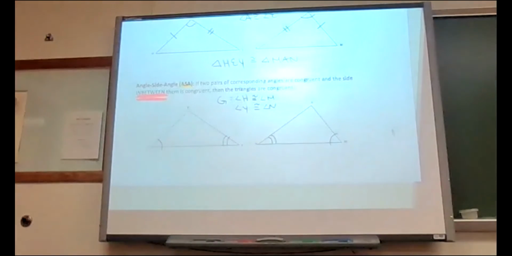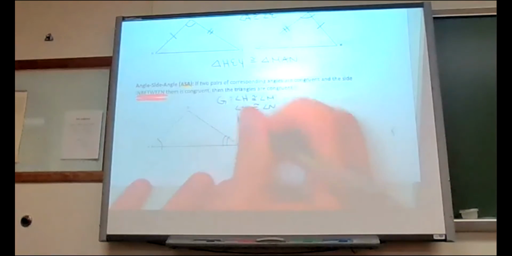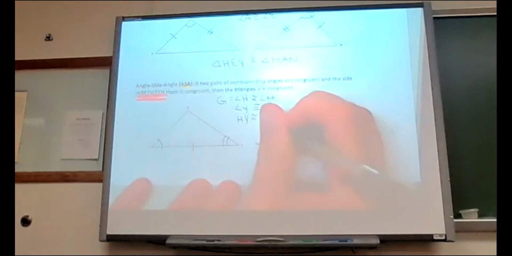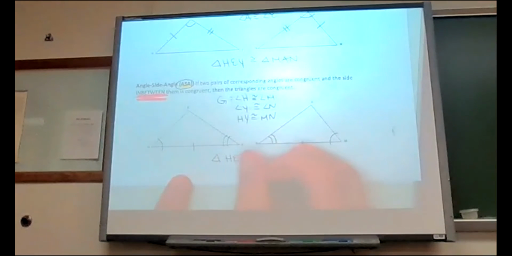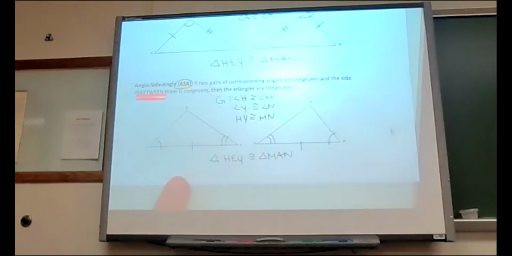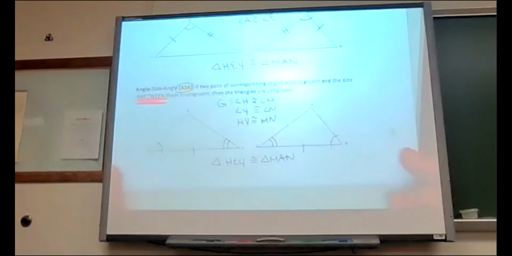So if I also knew that HY was congruent to MN, then by angle side angle, I would know triangle HEY is congruent to triangle MAN. Okay?